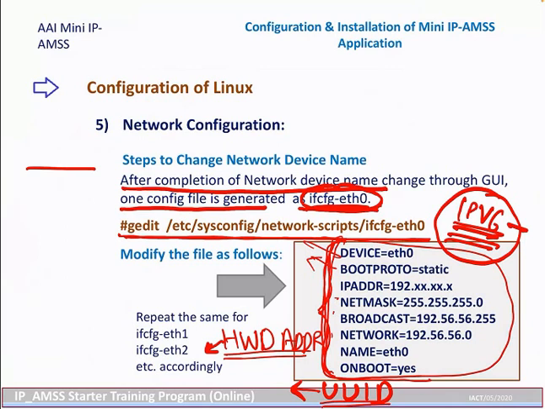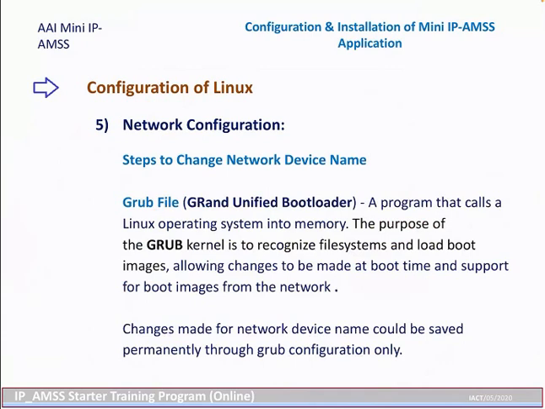suppose you have 3 ports, then repeat the same step for all the 3 ports. Now after doing this, see this, if you again write ifconfig and check the name, then the name of the Ethernet ports will not be displayed.